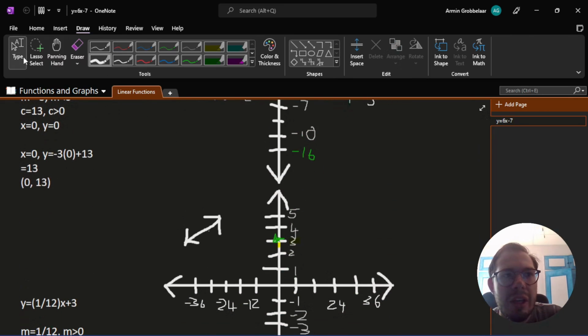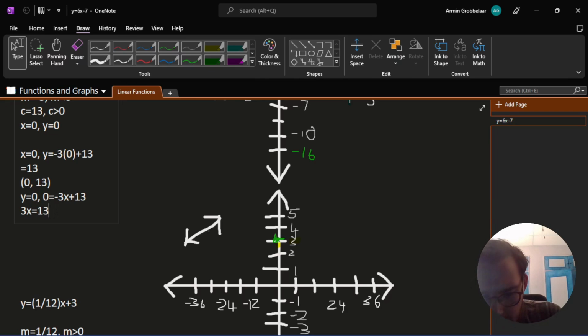Now for our second point, we set y equal to 0. Then we have the following equation to solve. That means 3x is equal to 13, so x is equal to 13 divided by 3.